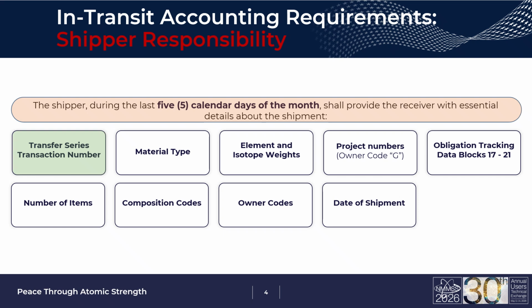This includes the transfer series, which includes the shipper RIR, receiver RIR, and transaction number, the material type, the element and isotope weights, the project numbers, which would include the owner code of G, and any obligation information that would be contained within data blocks 17 through 21 of the DOE NRC Form 741. Also, the number of items involved in the shipment would be included, the composition code, and the date of shipment.